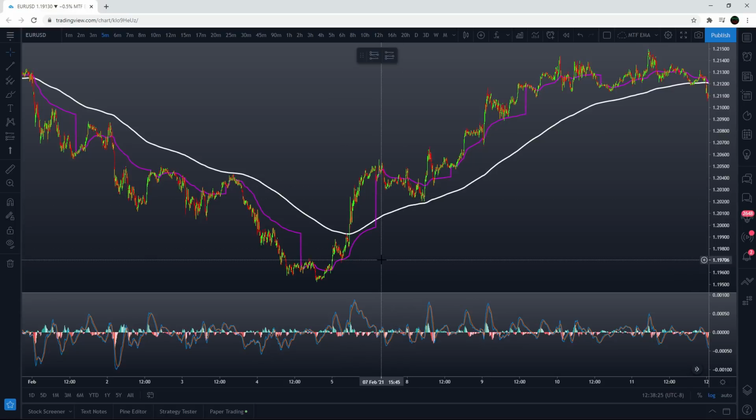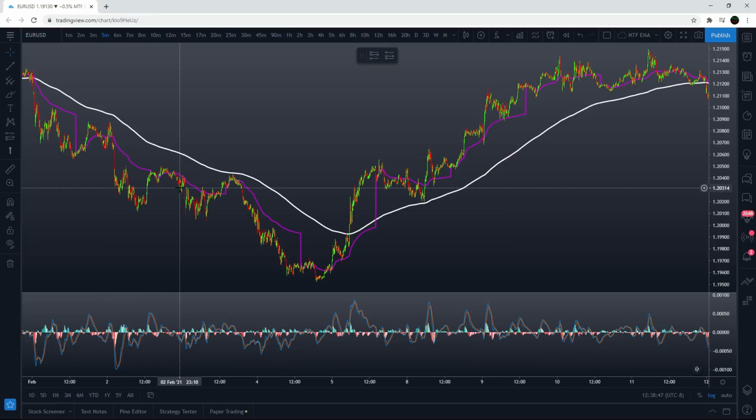If we're looking for a long position in an uptrend, we can only enter a long when price is below the VWAP. Anytime price goes below the VWAP, you're going to start looking for an entry signal in an uptrend. And for a downtrend, you're looking for a short only when price is above the VWAP.